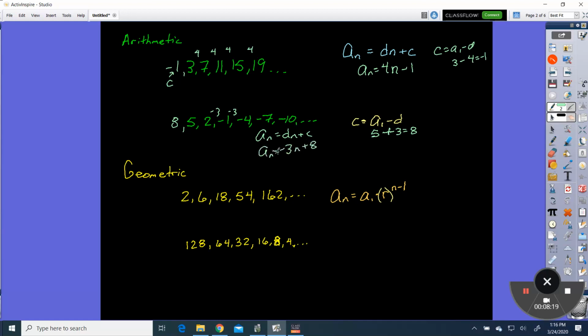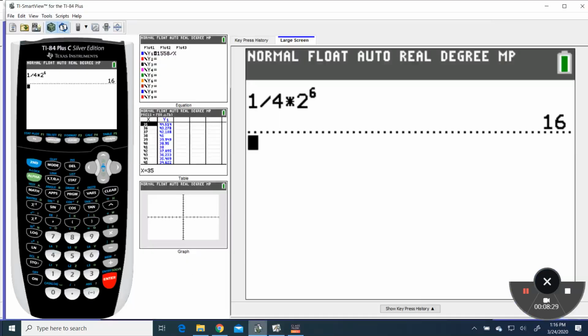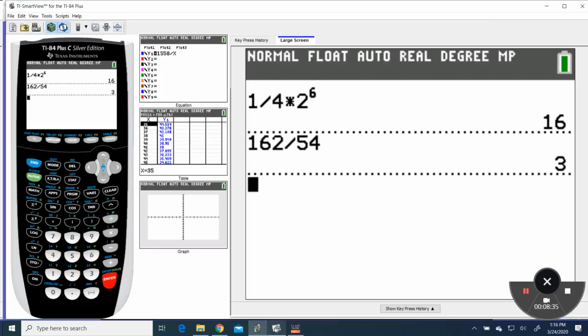Okay. All right, the next one, geometric. 2 times what is 6? 6 times what is 18? 18 times what is 54? Or I could just go 162 divided by 54 is 3.